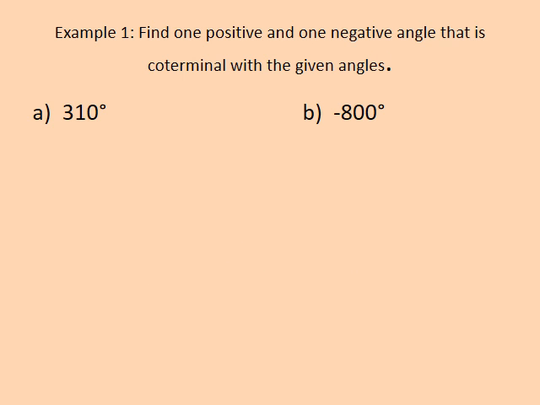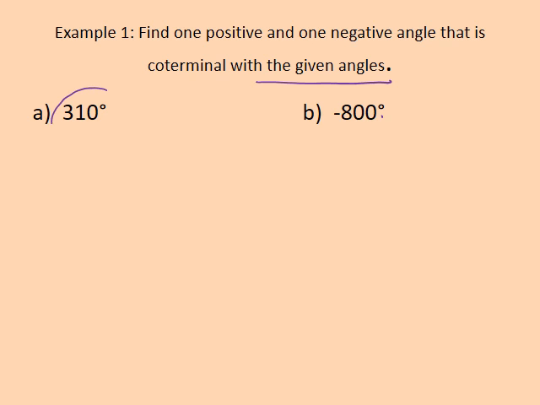In the following example, we'll find one positive and one negative angle that is coterminal to the given angles. There are an infinite number of coterminal angles because you can always add or subtract 360 an infinite number of times. However, the most useful coterminal angles are the ones closest to 0 degrees.